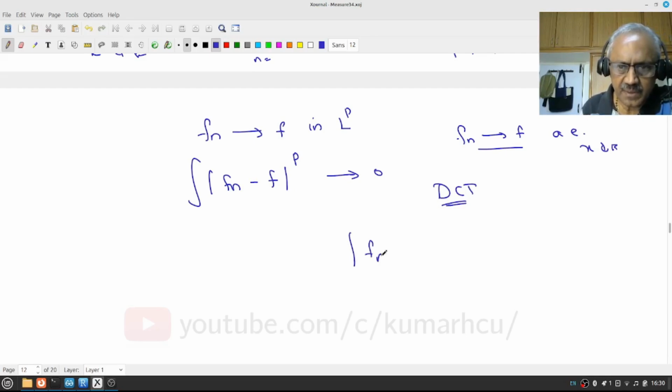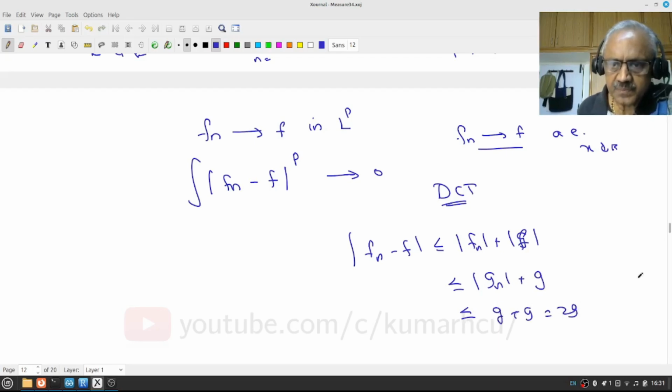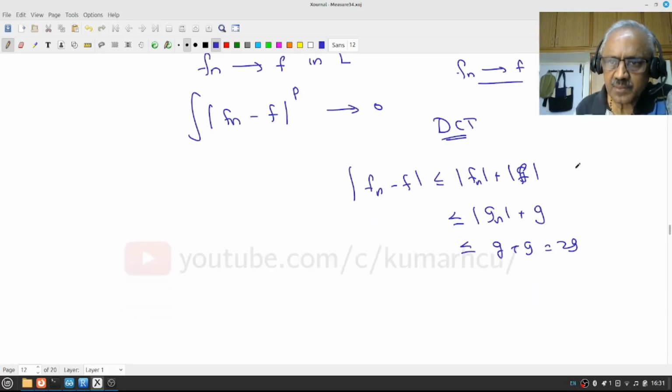That is very easy. Mod fn minus f is less than or equal to mod fn plus mod f. But each one of them is less than or equal to gn plus mod f, but that is less than or equal to g plus g, which is 2g. Remember, gn increases to g. Therefore, there is no mod needed, gn is less than or equal to g.